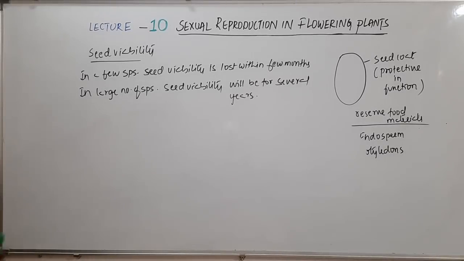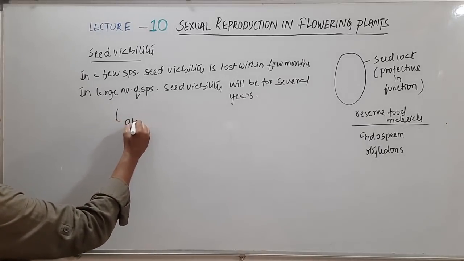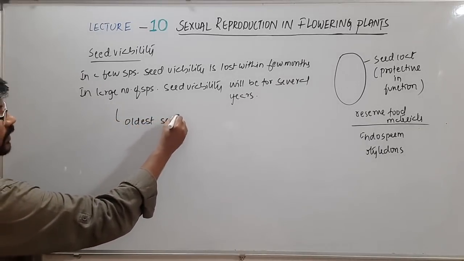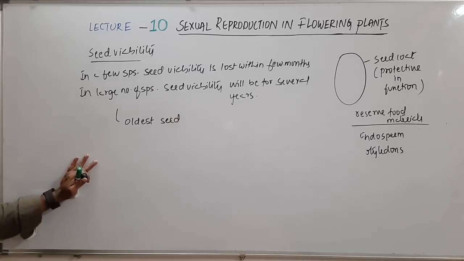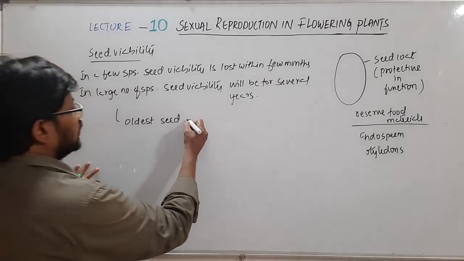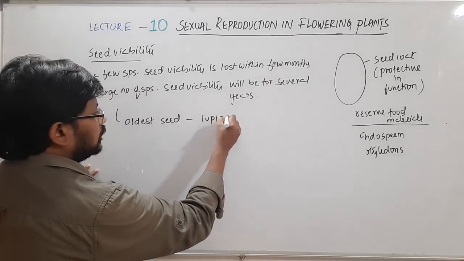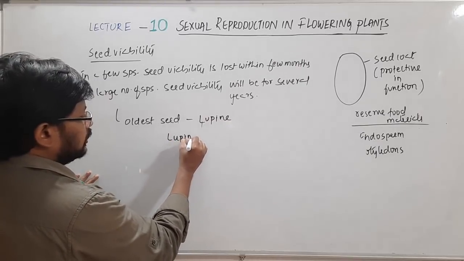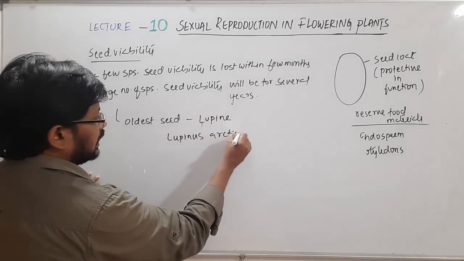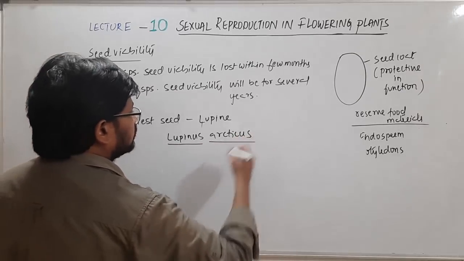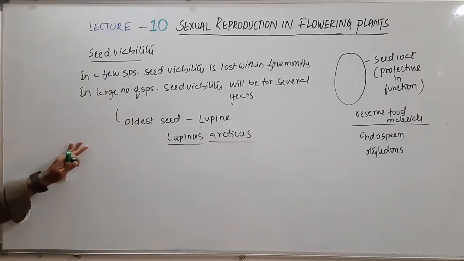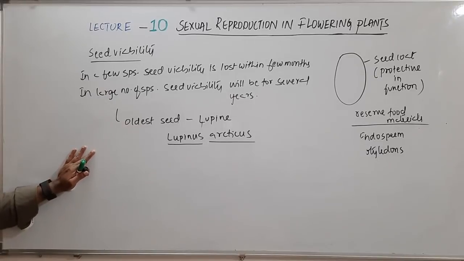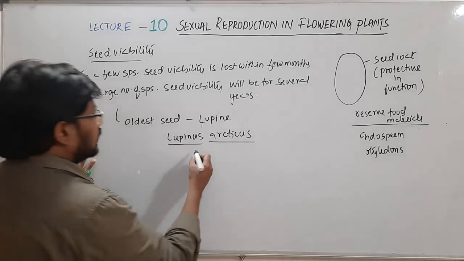Here the oldest seed that we found is the seed of a plant called lupine, and its scientific name is Lupinus arcticus. This was actually excavated from the Arctic tundra region.